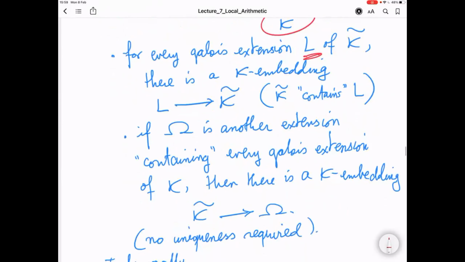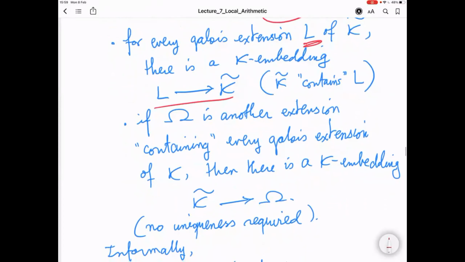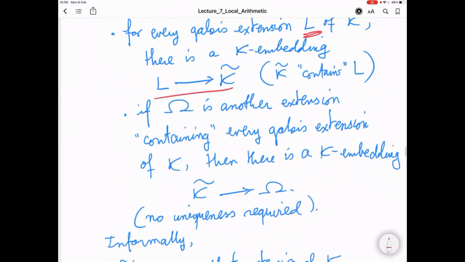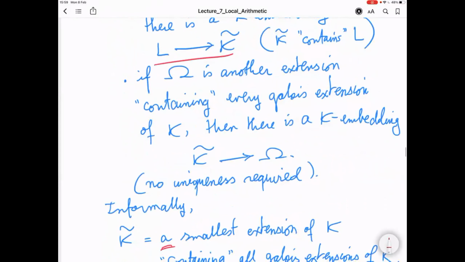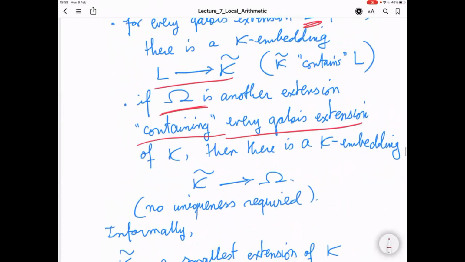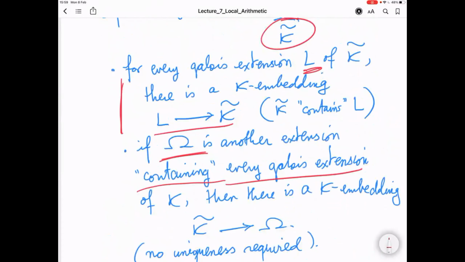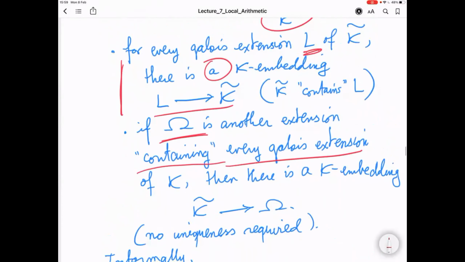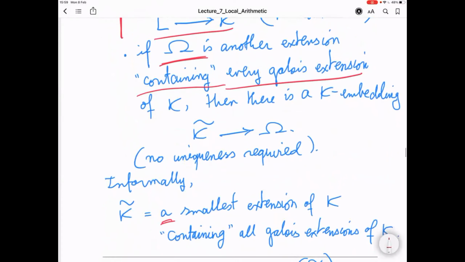It's something which admits a K embedding from every finite Galois extension L of K. And if there's another extension omega having this property, containing within quotes every Galois extension in this sense, it doesn't have to be unique or anything like that.